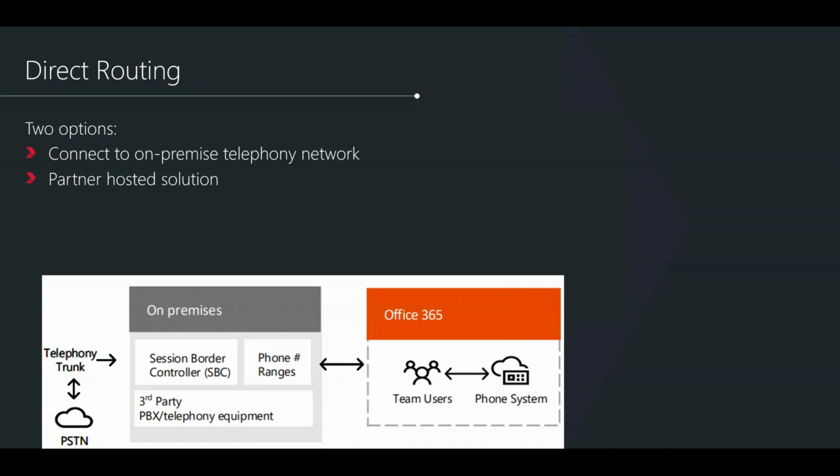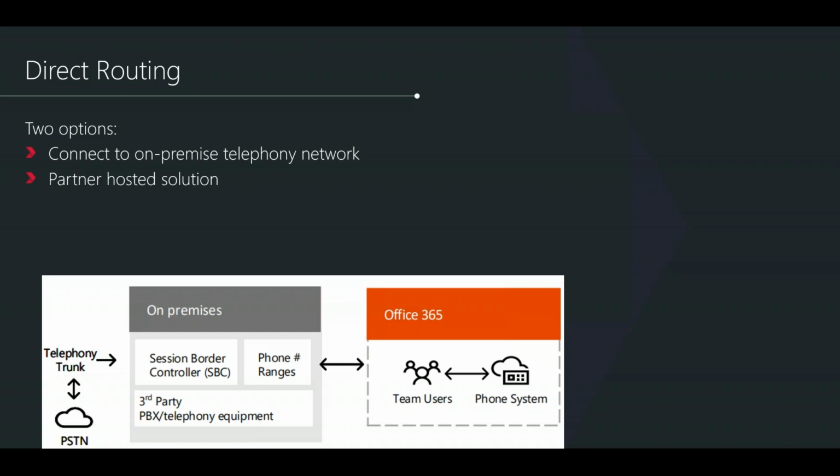So if you did have, as this kind of diagram suggests, a direct routing set up, a call would come in via your normal or your existing PSTN connection. So that would typically be an ISDN circuit or a SIP trunk. The call will reach the session border controller, and then the session border controller will make a routing decision.